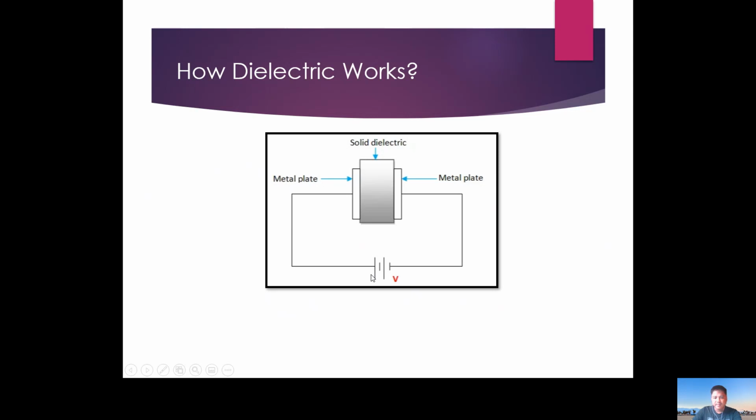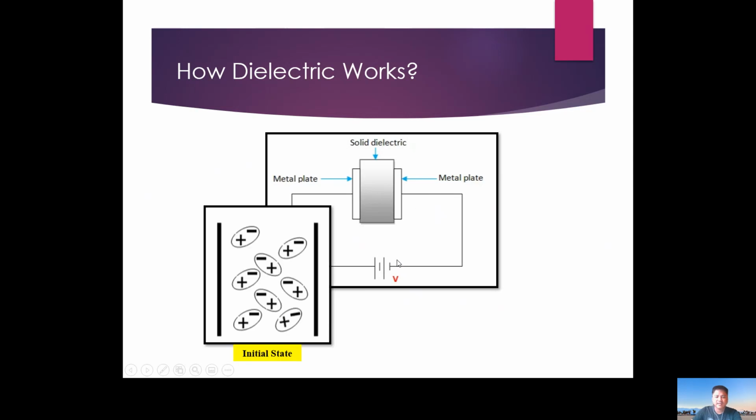From the power source, either AC or DC, two wires are connected to two metal plates. Basically, this is the part where the power supply flows. Then at the center is the dielectric, either solid, liquid, or gaseous.